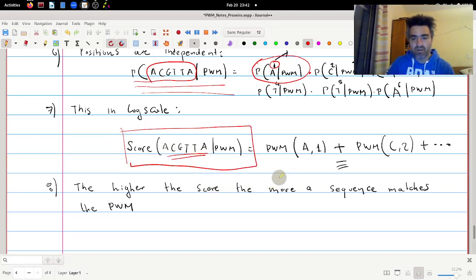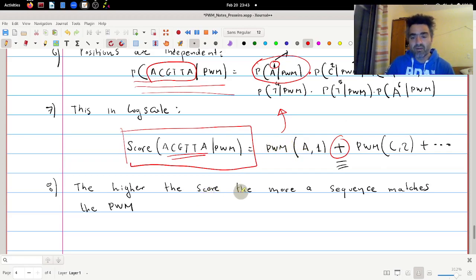We can score a sequence by finding the sum of the respective position weight matrix values, and this is associated somehow to the probability of finding a sequence given the position weight matrix, because if we multiply probabilities, it's similar as if we sum the logs of these numbers. Now this is not exactly the probabilities, because we have divided by what we expect by chance, but somehow it is related to this probability.